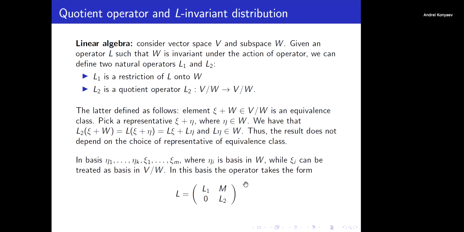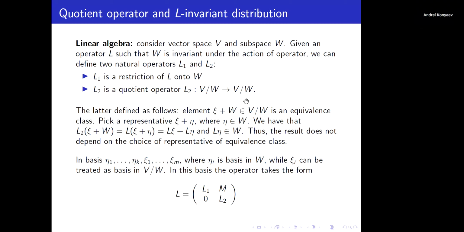We see that if we apply it to a vector field which has this addition in W, this addition changes the result in a controlled way, right? So it will be some L1 plus M something, but still L2 acts on the part of the vector which is expressed in terms of psi, right? So it acts on a space which has basis psi, and we see that basically psi is a basis in the quotient space. So it's a rather simple construction.